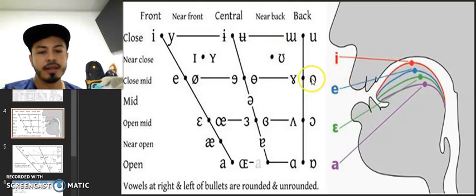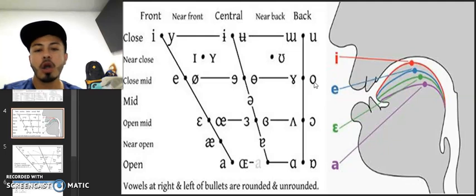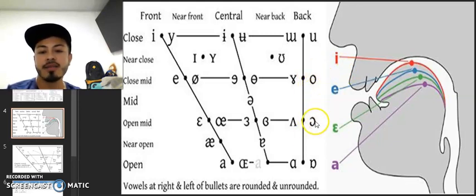Now, this one, it's the letter O. The letter O, and we can find it in diphthongs like boat, go, dome, home, and so many others. But we don't use it alone. We don't use it by itself. So, like in Spanish, for example, when we say oso, it's the same sound, but in English we just use it in diphthongs, because when we want to say o, we really want to say uh, and it's more open.